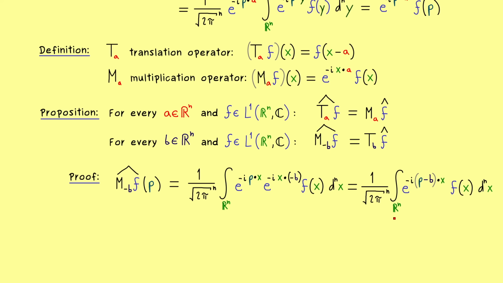Hence we directly recognize that this is the Fourier transform of f, just not evaluated at p, but at p minus b. So we can simply write that this is f hat at p minus b. And there we have it. This is simply the translation by the vector b. So clearly it's allowed to just formulate it as T_b of f hat at the point p.